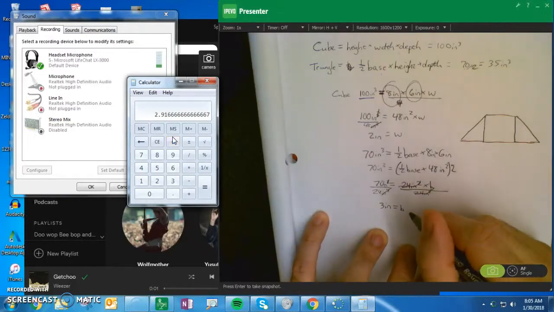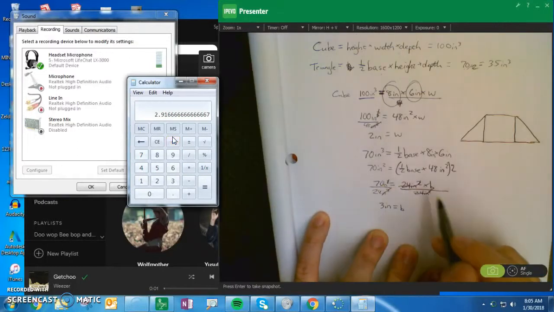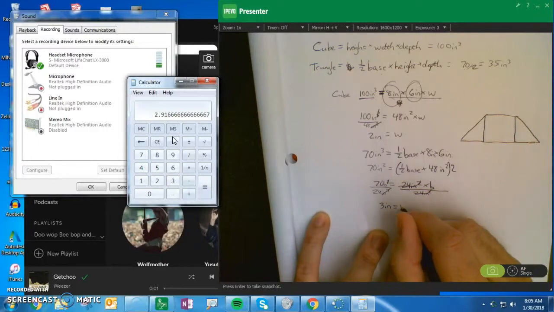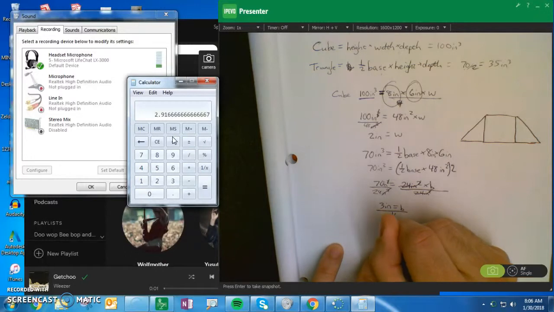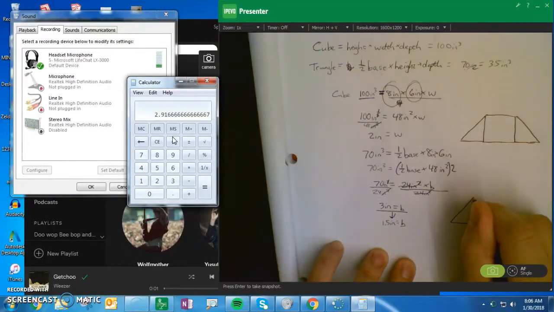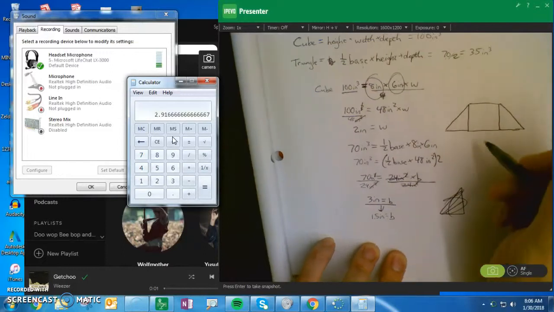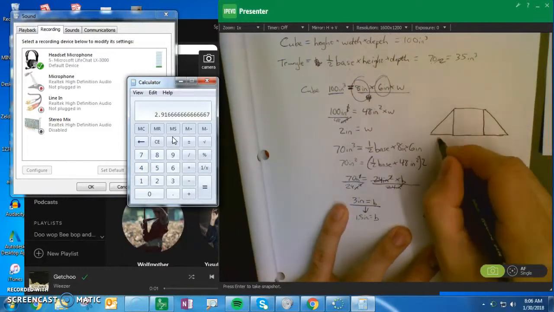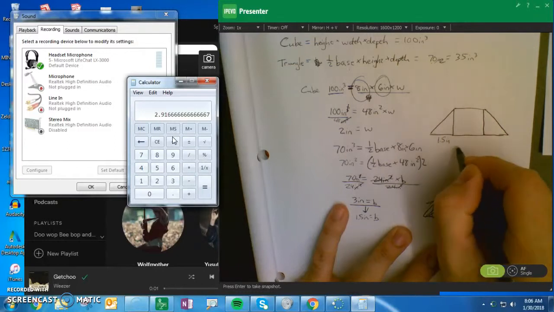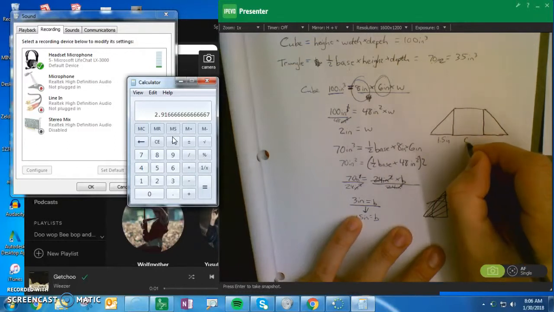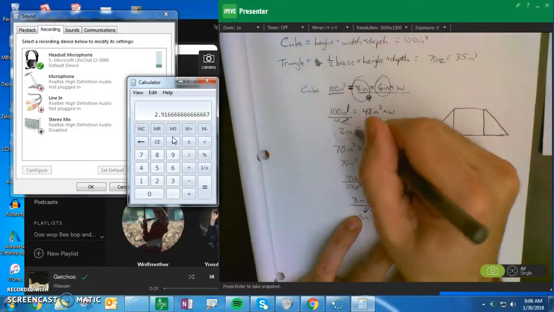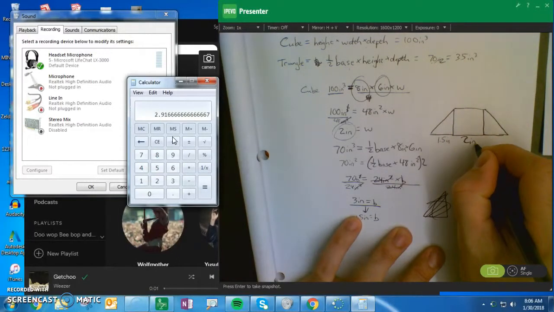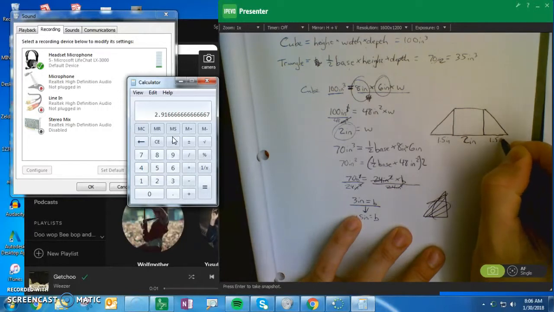But the thing about this is we did the volume of both of them. So this is actually 2 bases, so the actual value is going to be 1.5 inches equals the base. So if I look at my shape now, actually I drew it already for you, it's going to be 1.5 inches. This part, the width of the square, is going to be 2 inches, and then this is going to be 1.5 inches.